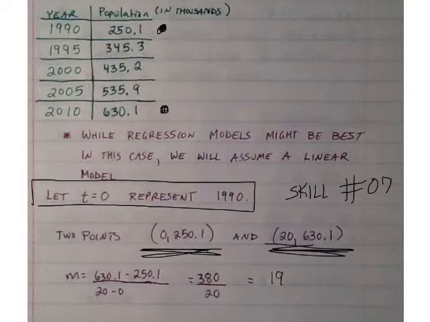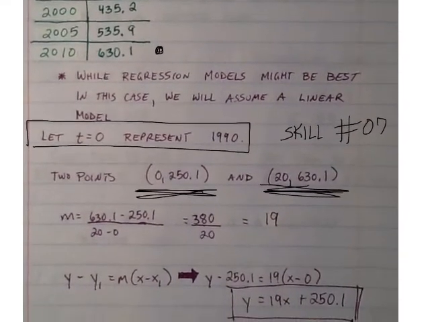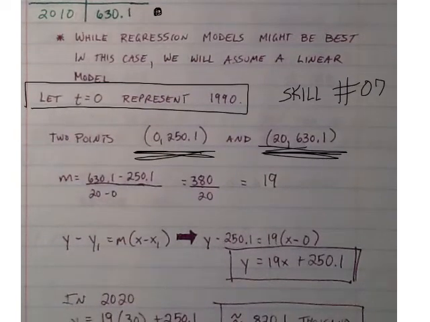With those 2 data points, we can create a linear equation. We first find our slope, which is y2 minus y1 divided by x2 minus x1, and this equals 19.